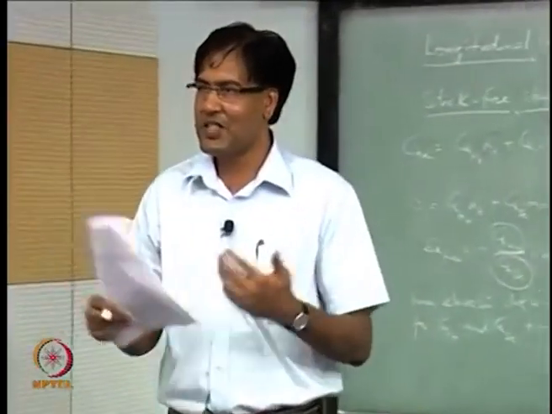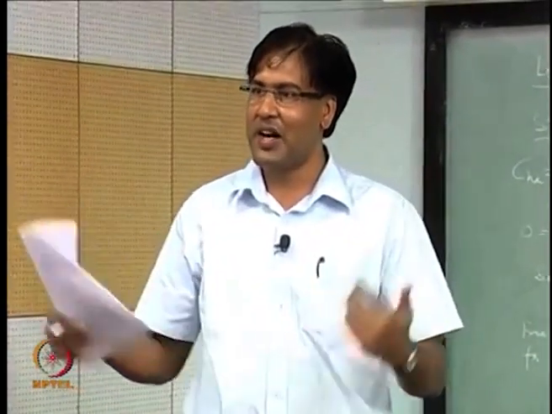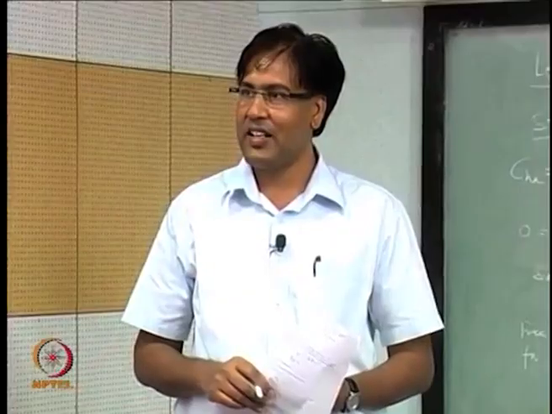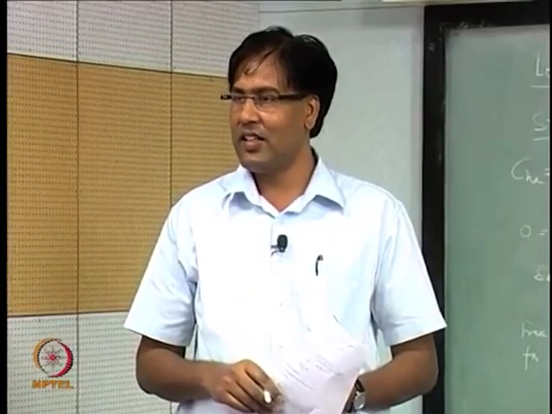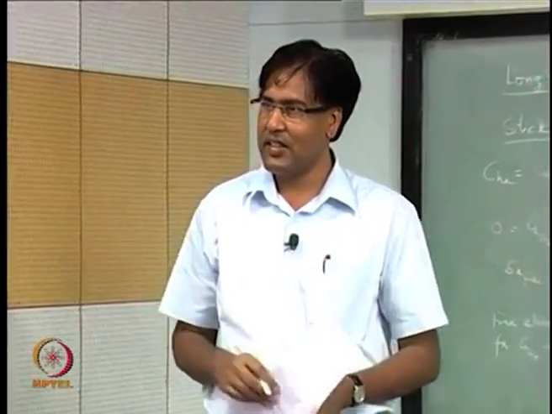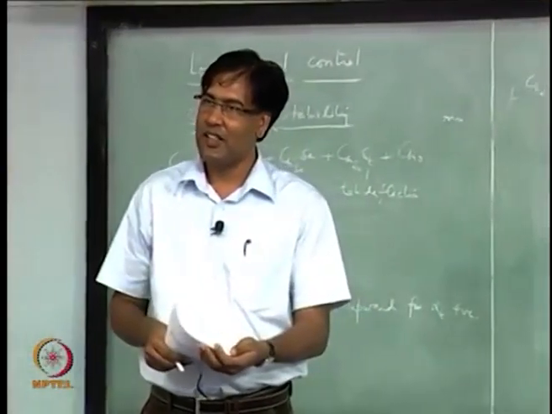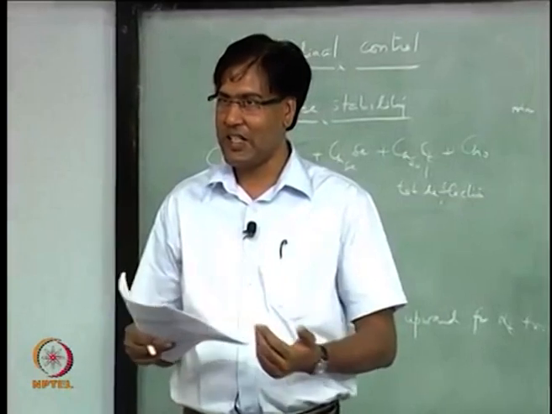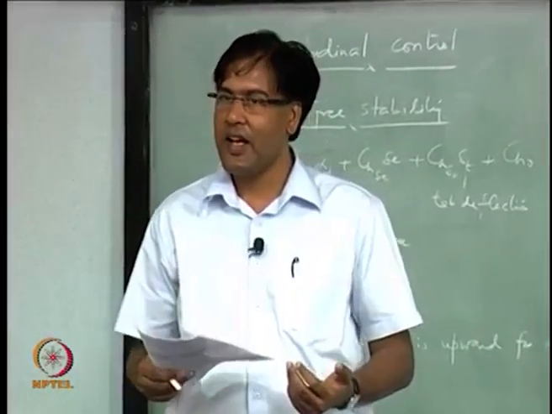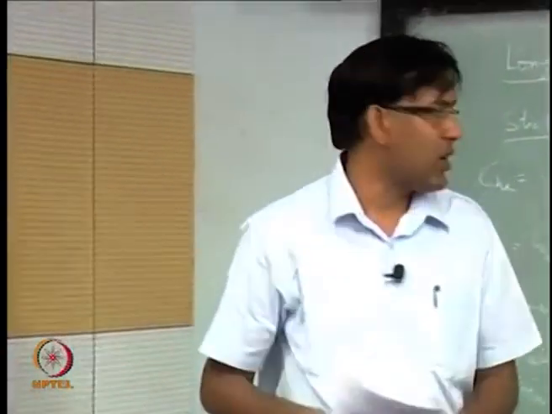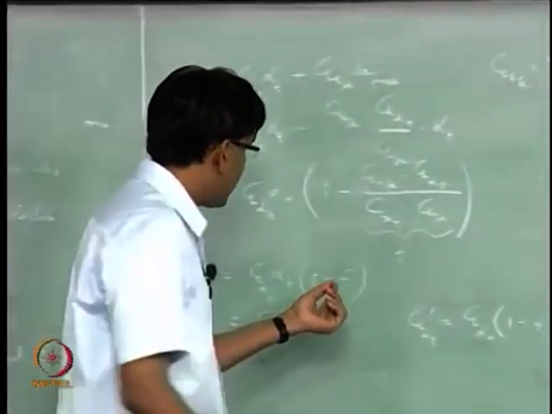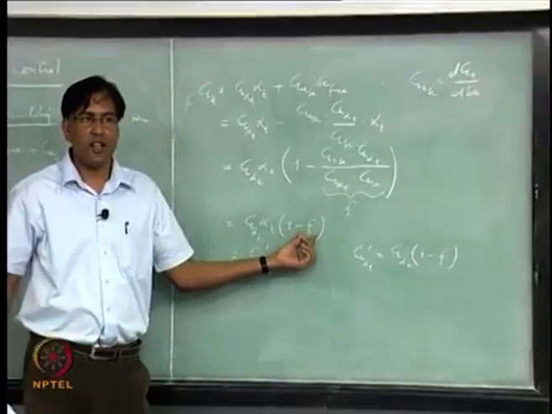Cm alpha is changing, so static margin is changing, right, stability margin is changing, right, and that automatically implies that the neutral point location is changing, right. Which way? It will depend upon what this f is, right.